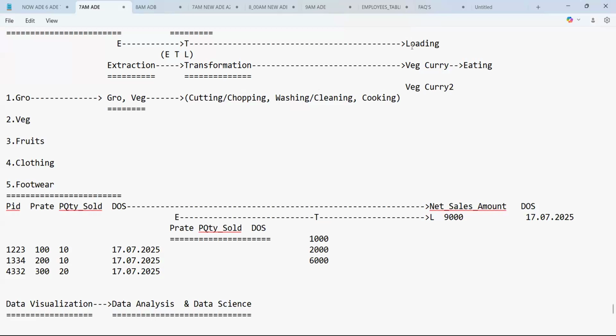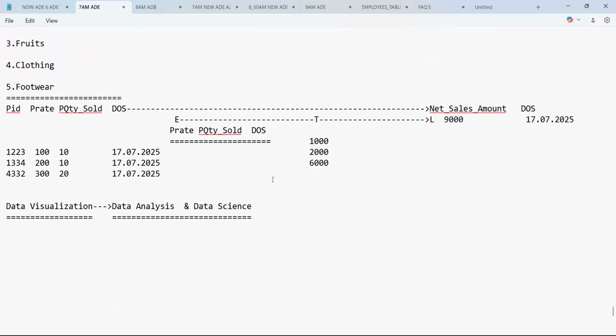So when you have called your friends for dinner, you have prepared two vegetable curries: the first vegetable curry here, and the second vegetable curry here.